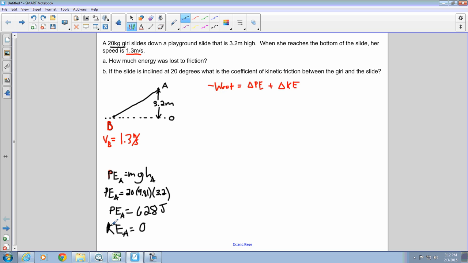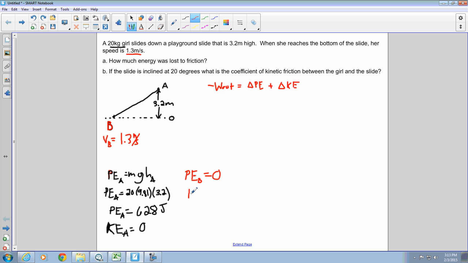Potential energy at B is another thing we can say is 0, because we're calling this the 0 line, so the potential energy here has no elevation or height above that reference line.